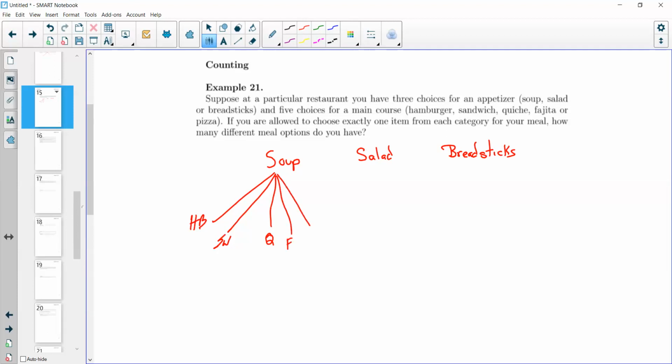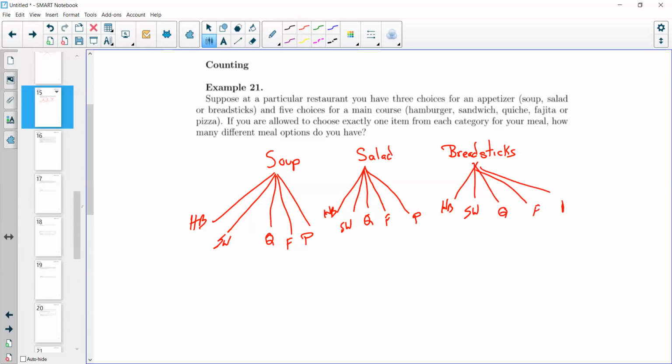A fajita or a pizza, right? But also with my salad, I can have a hamburger, a sandwich, a quiche, a fajita, or a pizza. Also, if I choose breadsticks, I can have a hamburger, a sandwich, a quiche, fajita, or a pizza.